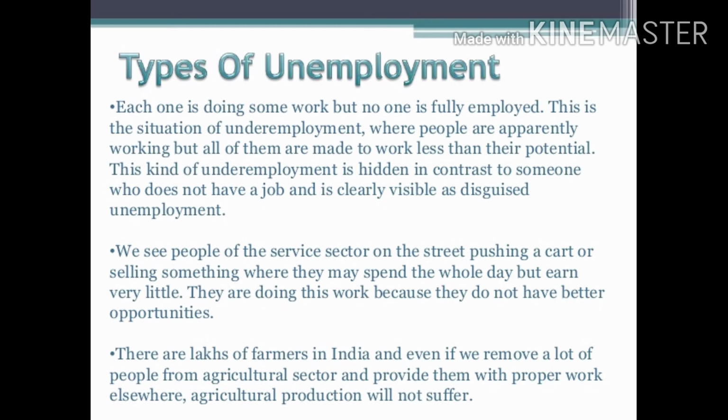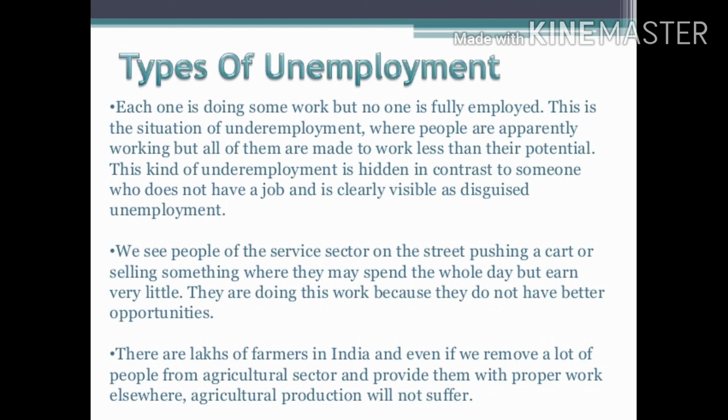But we see the people of the service sector on the street pushing a cart, selling, sometimes where they may spend the whole day but earn very little. So they are doing this work because they do not have a better opportunity. And there are lakhs of farmers in India, and even if we remove a lot of people from the agriculture sector and provide them with proper work elsewhere, the agriculture production will not suffer.